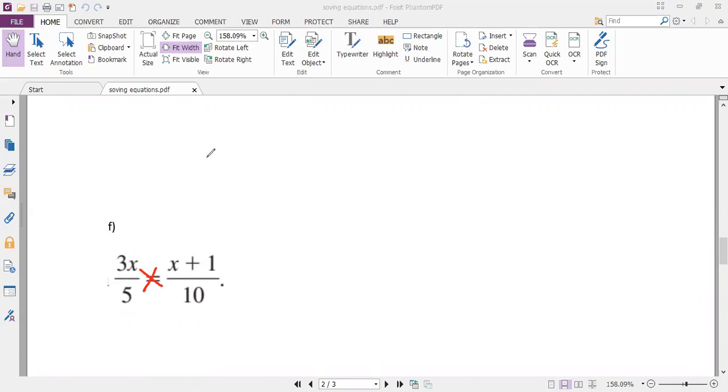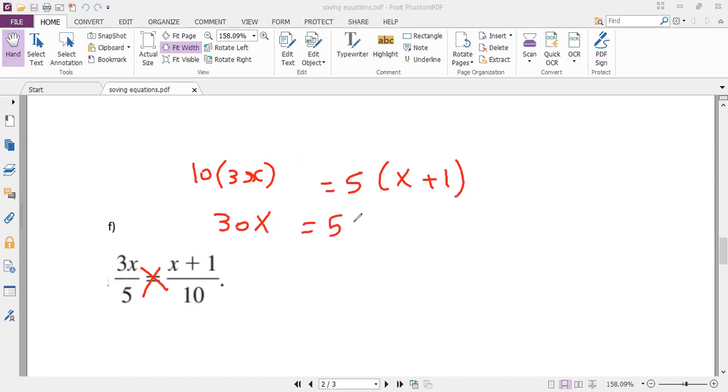So 3x is going to be multiplied by 10, equals 5 multiplied by x plus 1. So 10 times 3 is 30x equals 5 times x, it's 5x, and 5 times 1, 5.